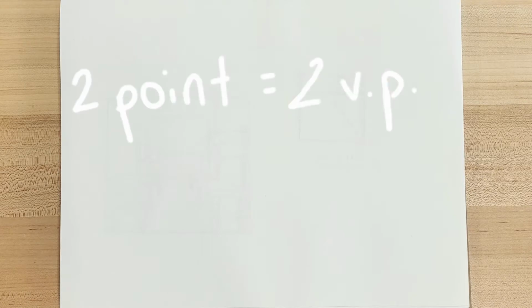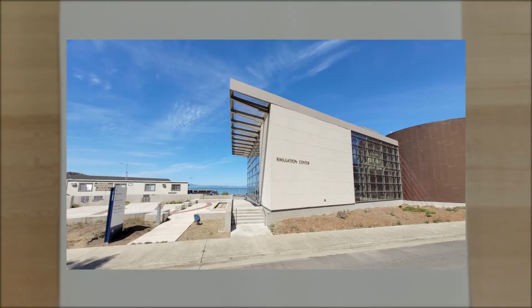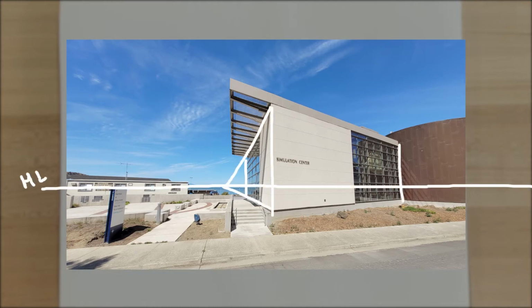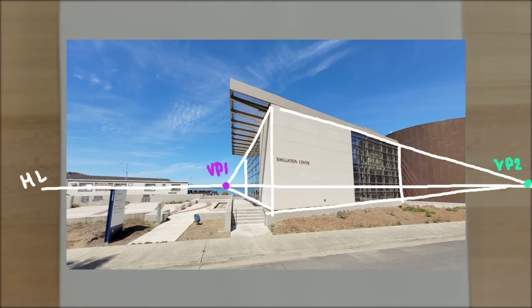Two-point perspective is when we have two vanishing points. A real-life example of this is a building. Now, lines can be vertical, vanishing into VP1, or vanishing into VP2. Only vertical lines remain parallel.